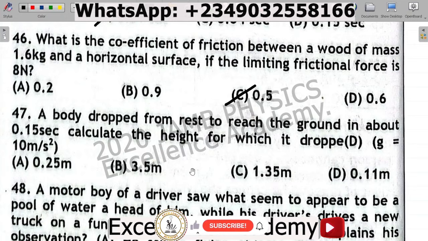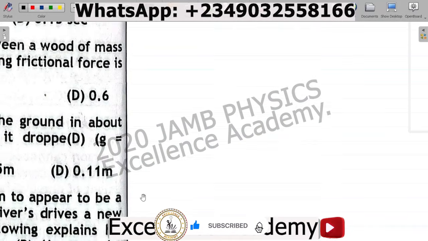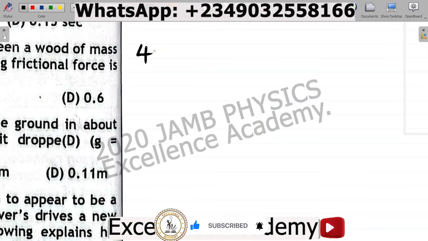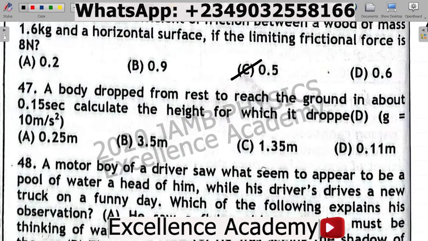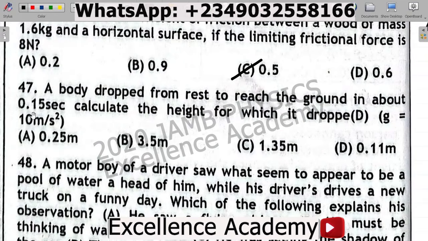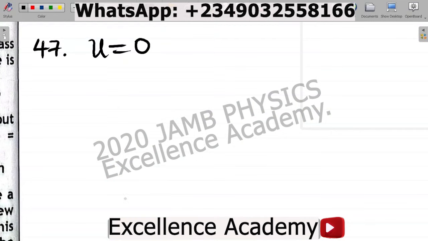So how do you solve this question? They said a body is dropped from rest, so this becomes a question on free fall. What can we get from this? If a body is dropped from rest, it means that the initial velocity u is equal to 0. That's the first task. Also, they said in about 0.15 seconds, so time t is equal to 0.15 seconds.